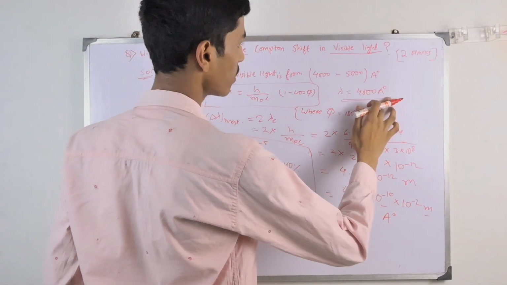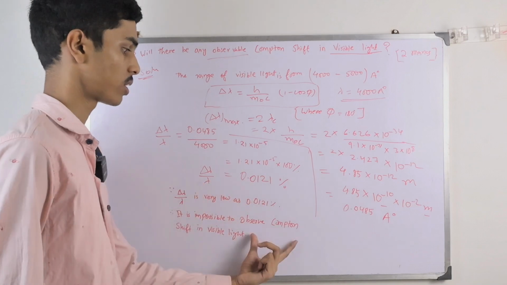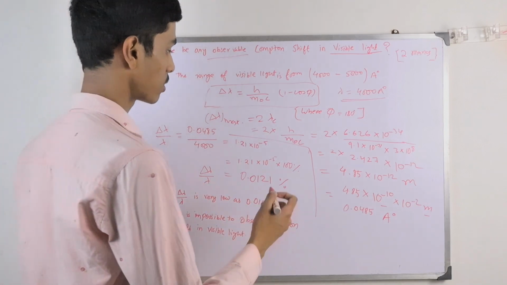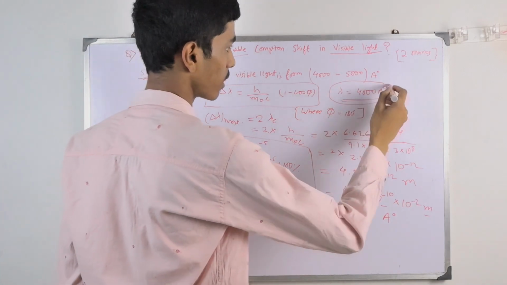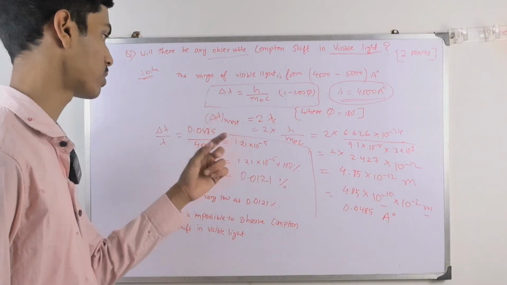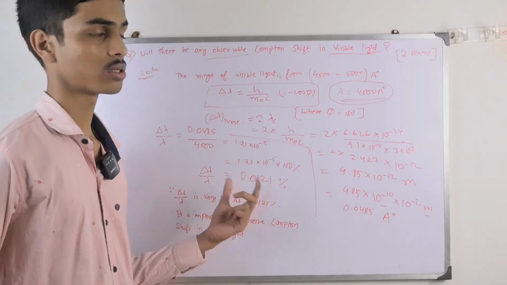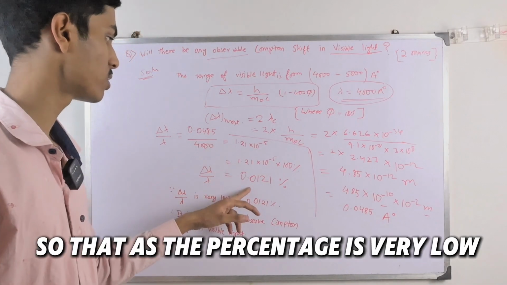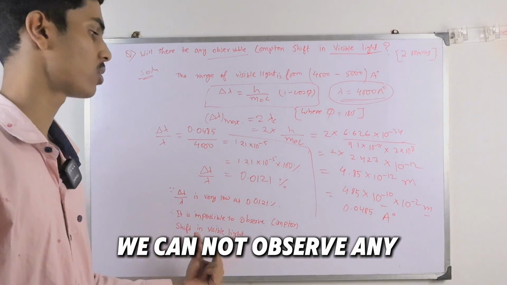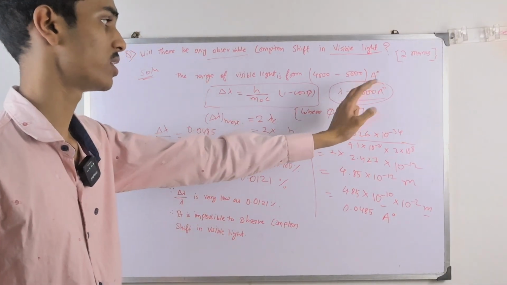The lower the wavelength, the higher the chance of getting some Compton shift, but even at the lowest value of wavelength, it was not sufficient to make this percentage go far. As the percentage is very low, we cannot observe any Compton shift in this wavelength range.